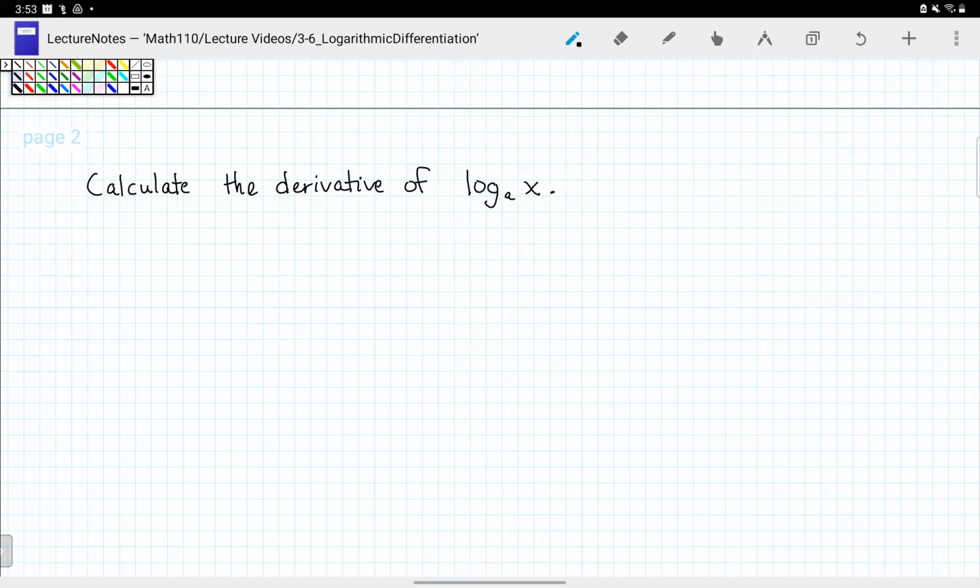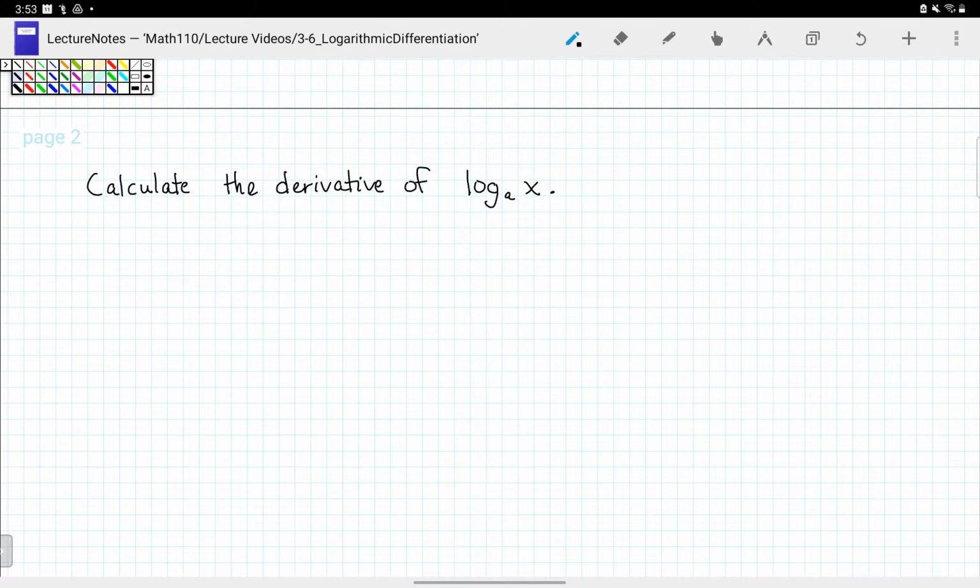So I'm going to do a couple of examples of calculating derivatives, including logarithms, but I also wanted to start by showing an alternate way of calculating the derivative of the log base a.